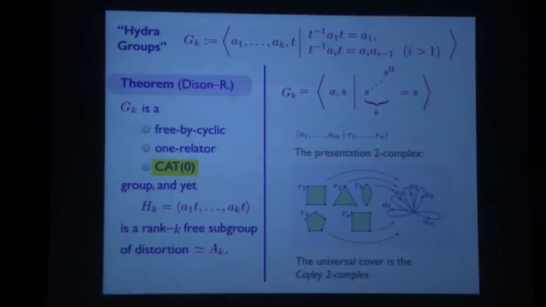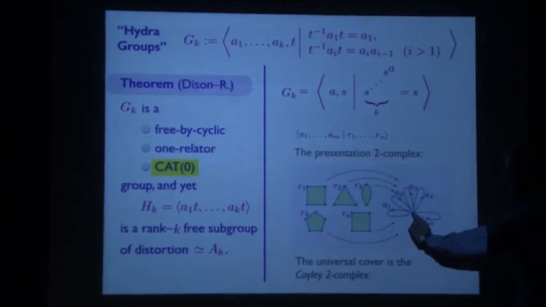Just a general thing, when you've got a finitely presented group, we can build the presentation 2-complex. This is the natural 2-complex associated with the presentation. It's the beginning of the construction of an Eilenberg-MacLane space. You start with a single vertex.